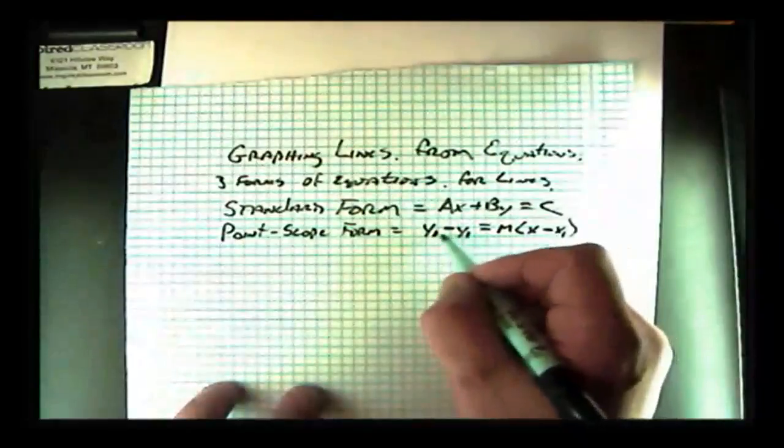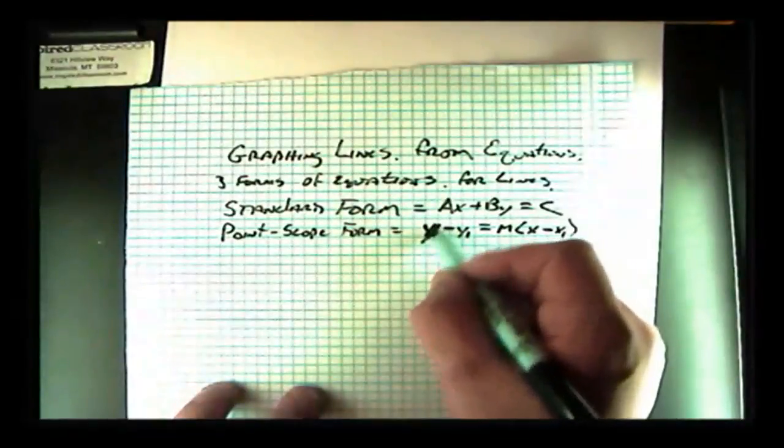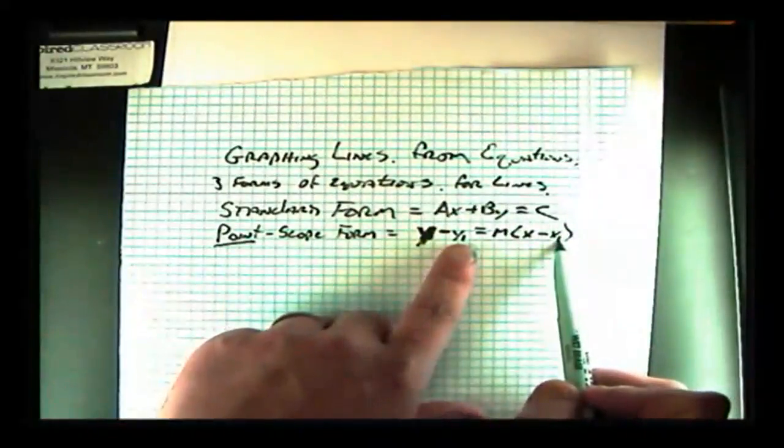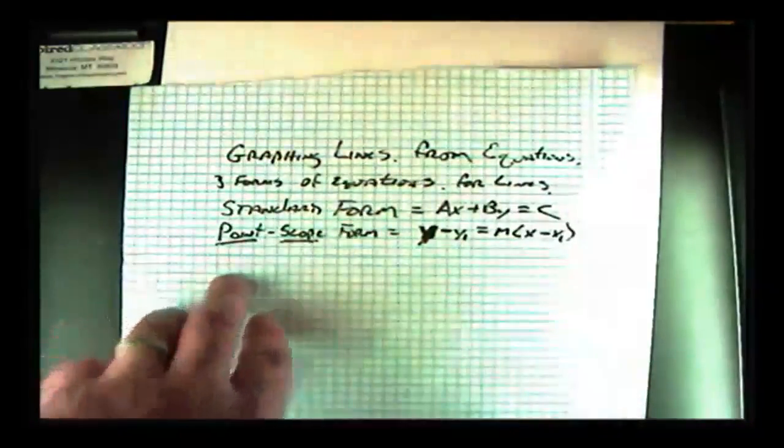If you see this form, point-slope form, you're going to use this when you've been given a point, and it's going to go right here. You're going to put your x1 and your y1 in right there, and then of course you'll be given a slope, so you can put your m right there. You can solve this, simplify this thing, and you'll have an equation of a line.